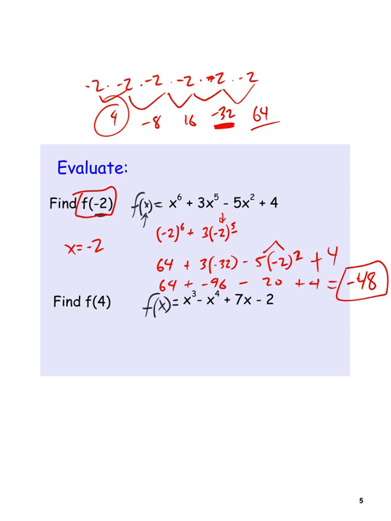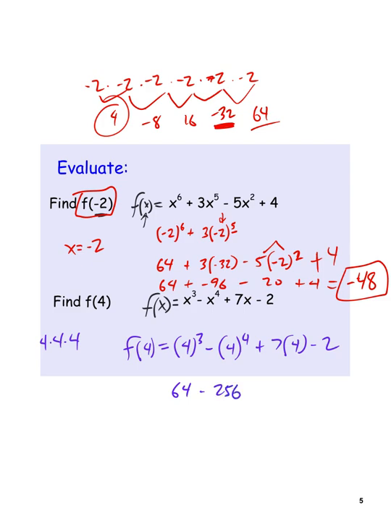Similarly down here, I'll switch colors. So f of 4 just means any place there was an x, we put a 4 in parentheses. So 4 to the 3rd minus 4 to the 4th plus 7 times 4 minus 2. 4 to the 3rd is 4 times 4 times 4, which is 64. 4 to the 4th is then 256, because that's 64 times 4.